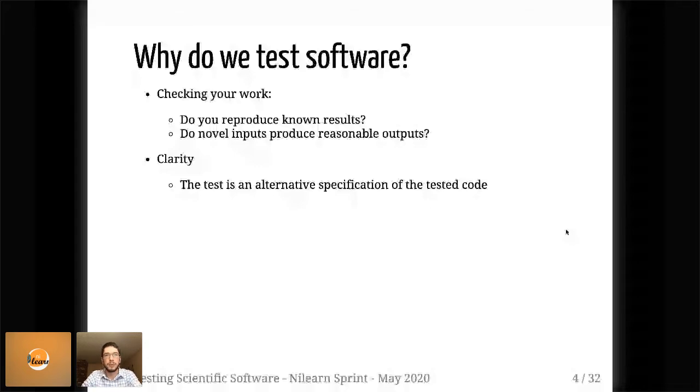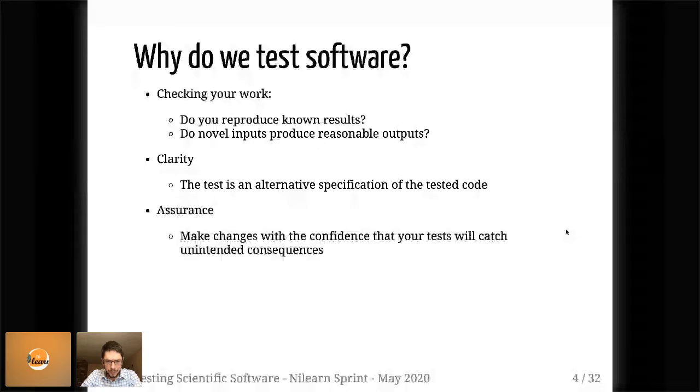It basically lets you work on the problem from two ends at once, and that's somewhat prophylactic against failures like previously mentioned. And there's also just additional assurance. If I write tests for a large portion of my code base and then I want to go through and make changes, I can have a lot more confidence that I'm not breaking anything substantial if I'm able to rerun all of my tests again and see that they continue passing.